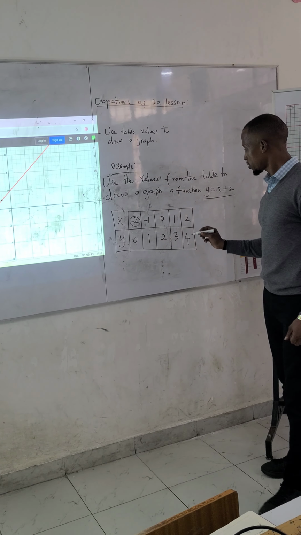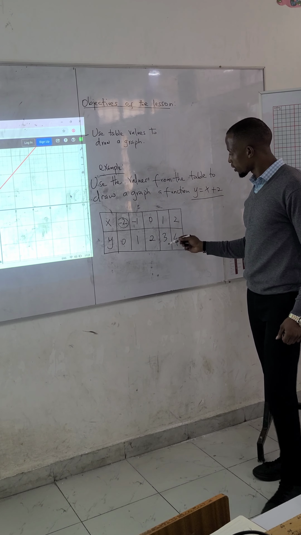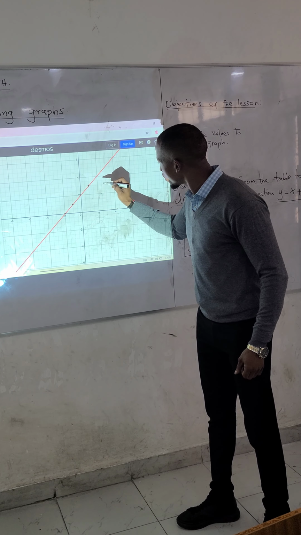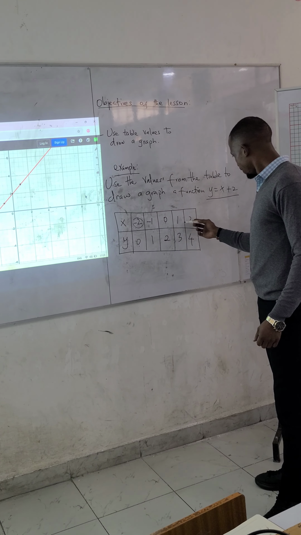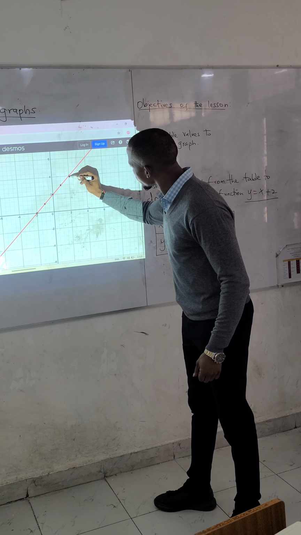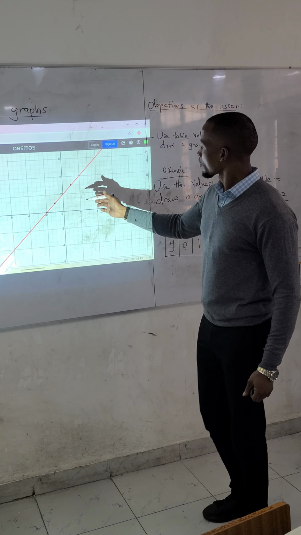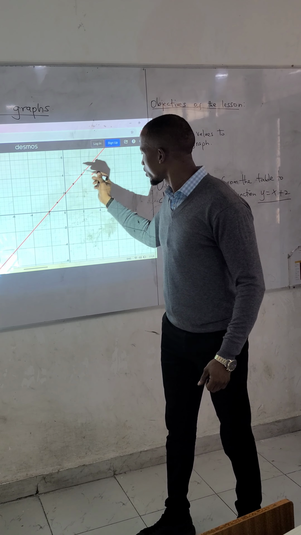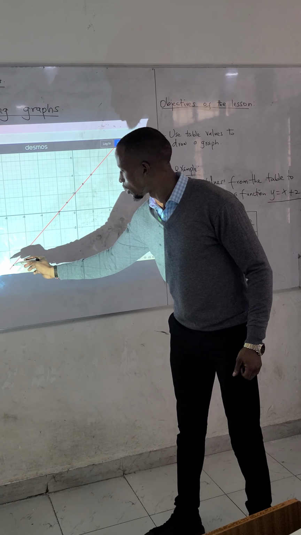That is how we plot. x 1, y 3. x 2, y 4. So after plotting the coordinates, then you just have your straight line like that.